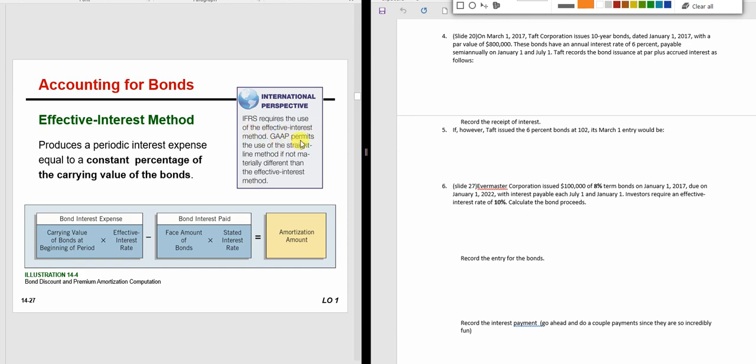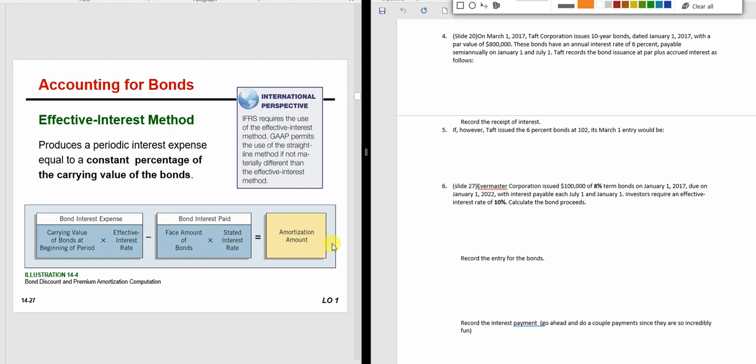GAAP permits the use of the straight line method, if not materially different from the effective interest method. So you are really required, ought to use the effective interest method under both IFRS, International Financial Reporting Standards, and Generally Accepted Accounting Principles. So notice interest expense is carrying value times the effective interest, and the bond interest paid is face value times the face rate.